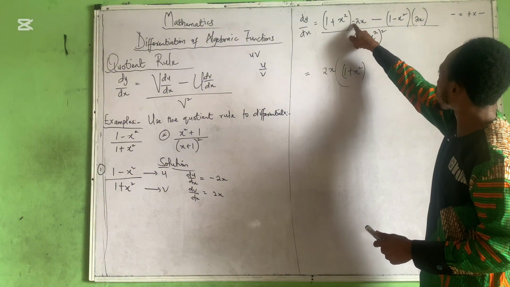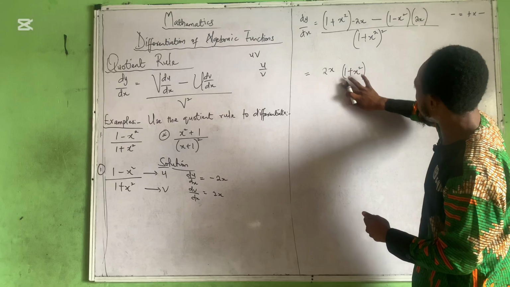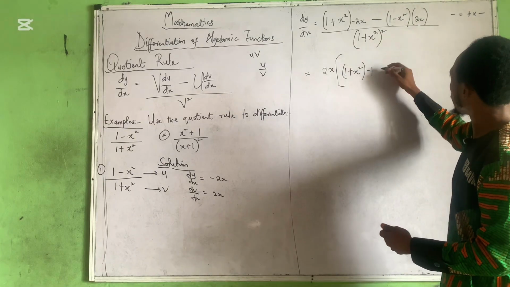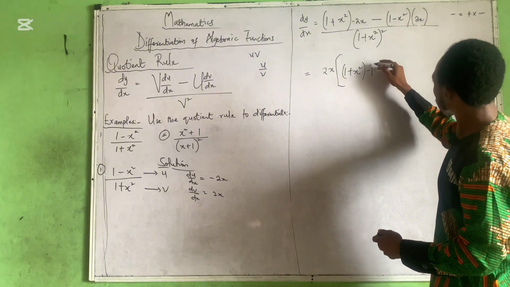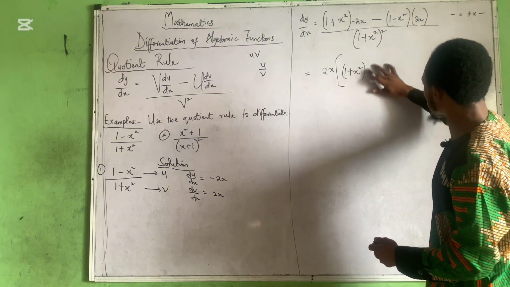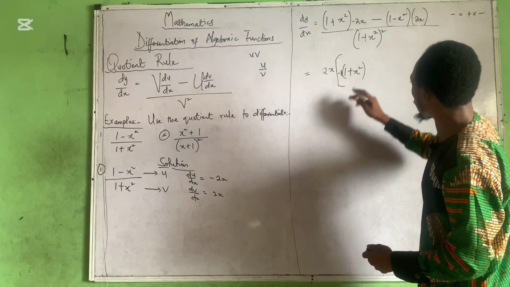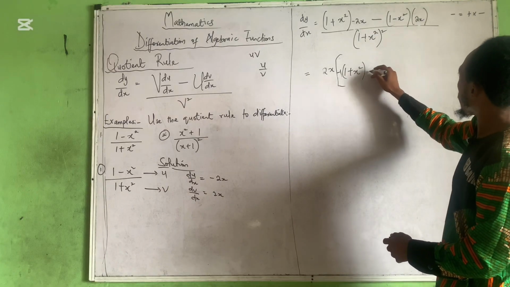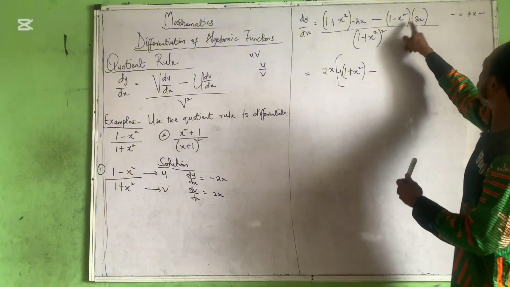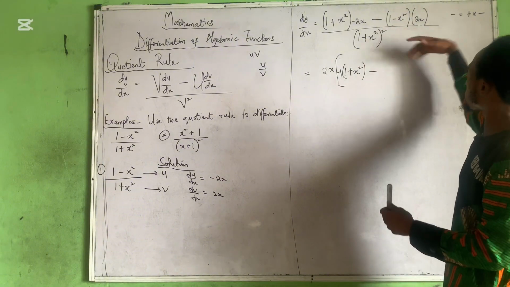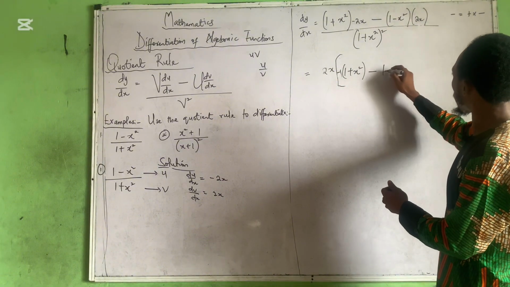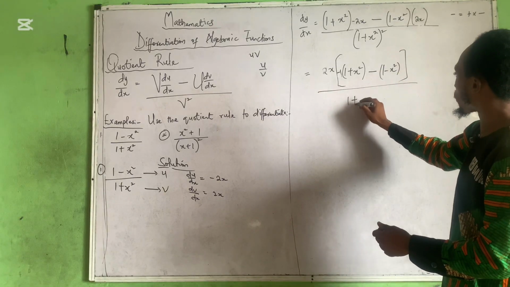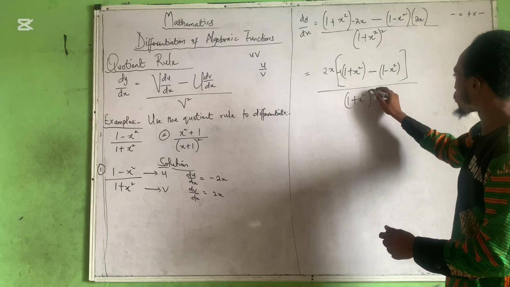So we still have one minus left, which is times minus 1, which is minus 1. Now for this too, we've taken 2x out, so this is left with nothing. So we have 1 minus x squared, everything over 1 plus x squared all squared.